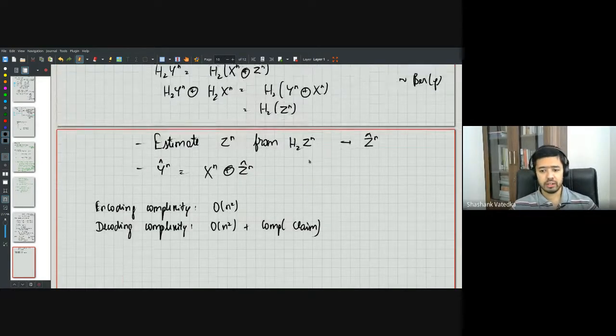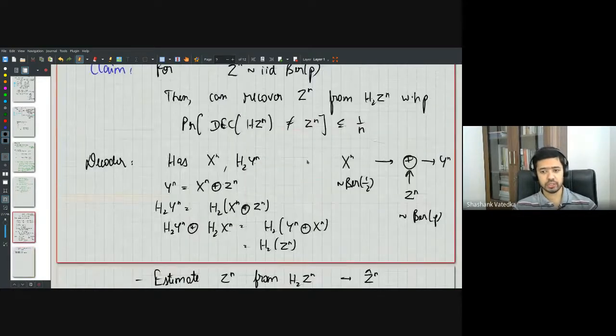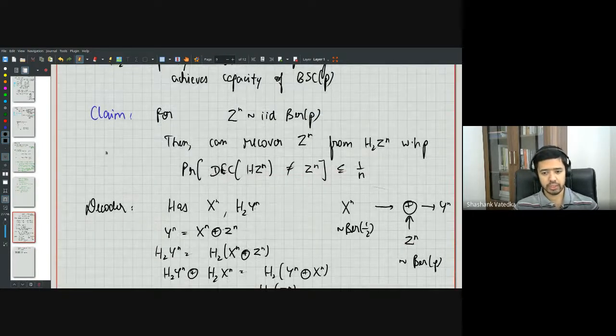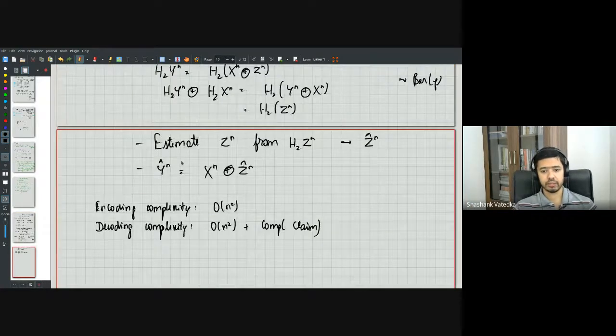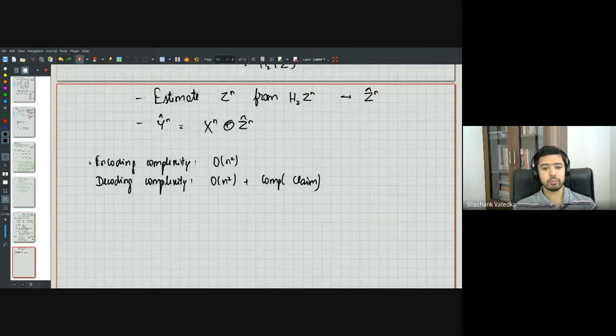At least for certain codes, such as LDPC codes, you can do this decoding pretty efficiently, in order n square or even less. In fact, this can be done in time order n log n or n log square n.